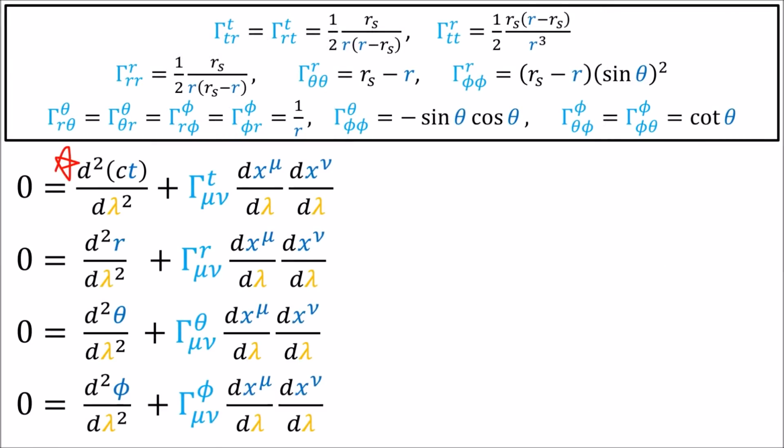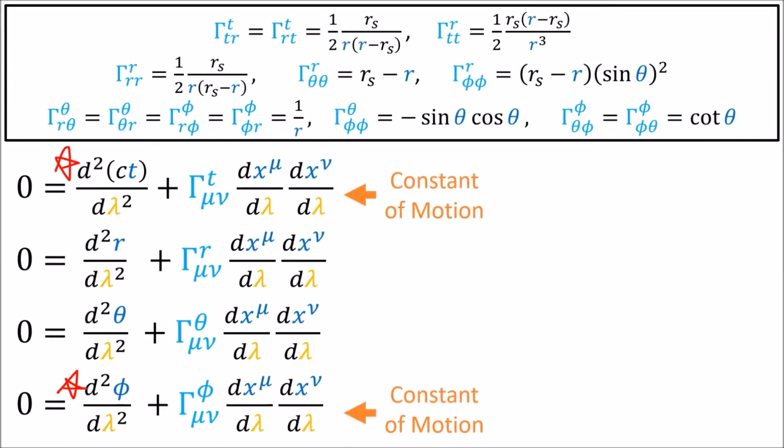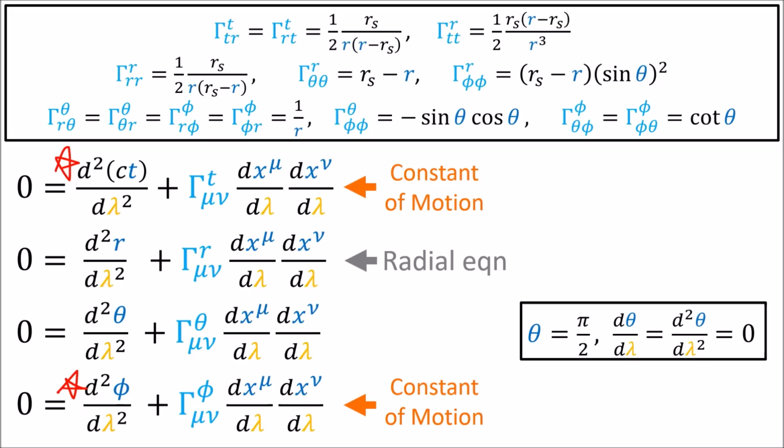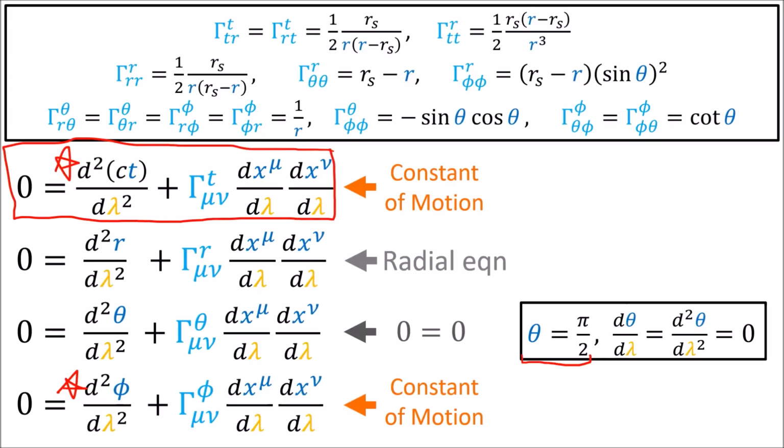So our time and phi geodesic equations will give us conserved quantities. The r geodesic equation will give us an equation for tracking the orbiting body's radial distance. And because we're using a constant theta equals pi over 2 coordinate, the theta geodesic equation just becomes 0 equals 0. Let's start with the time geodesic equation.